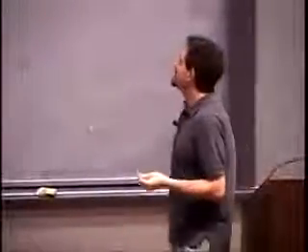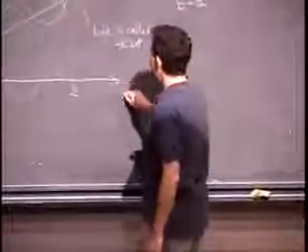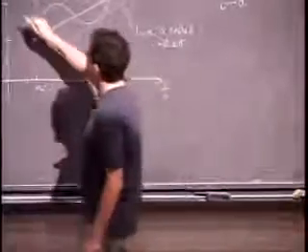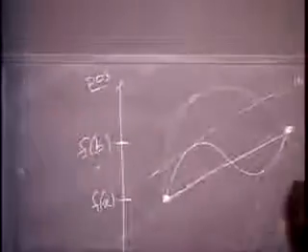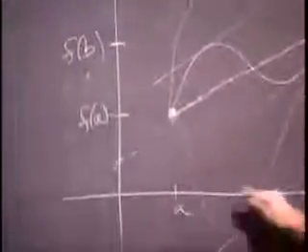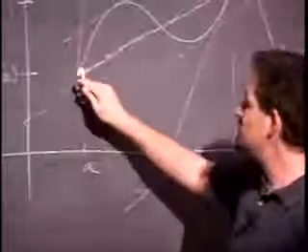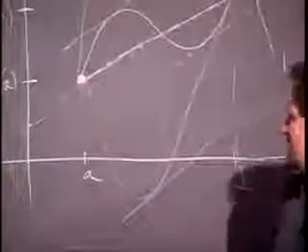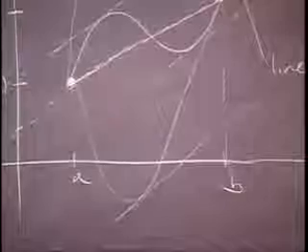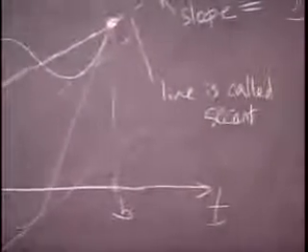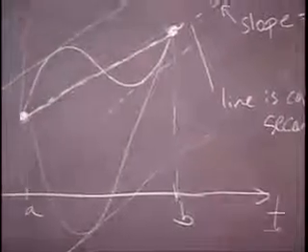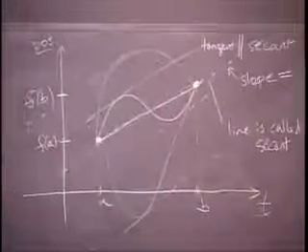Okay, well, think of it this way. Suppose that you consider this as a graph of time versus position. So think of this as time A and time B. And f of A is where you are at time A. And f of b is where you are at time b. Then this quantity, f of b minus f of a, is the total displacement, like the distance, but it's the displacement that you've gone.